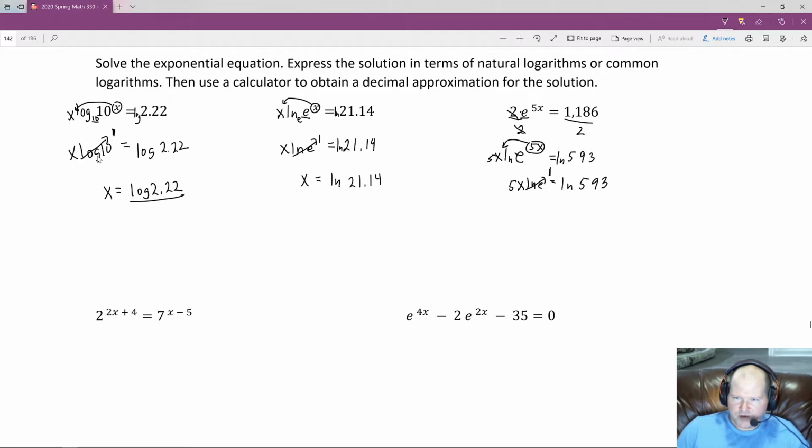So 5x times 1 is simply 5x, and that equals natural log of 593. In this case, we're not done, though, because our x has a 5 coefficient. So we have to undo the multiplication of x by 5 by dividing by 5. Whatever we do to one side, we do to the other, giving me x is equal to the natural log of 593 all over 5.